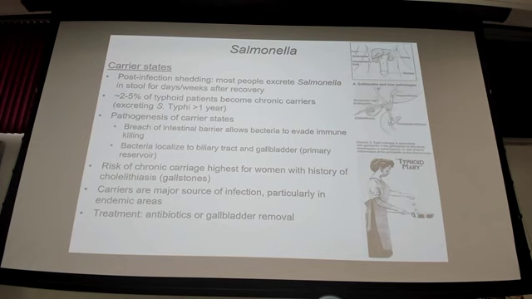What we think probably happens is for people who have gallstones, cholelithiasis, these stones in your gallbladder, it seeds the bacteria so they can form biofilms on those gallstones and just stay unperturbed in that area for years and years, potentially the lifetime of that patient. So that's how we think that happens.